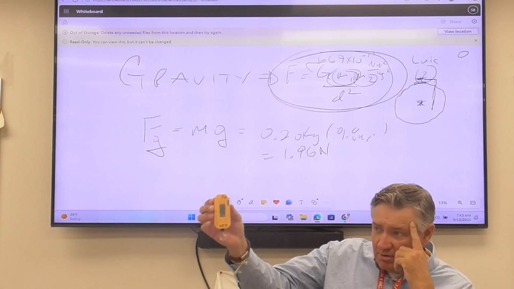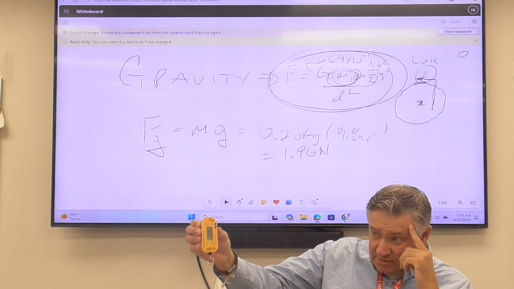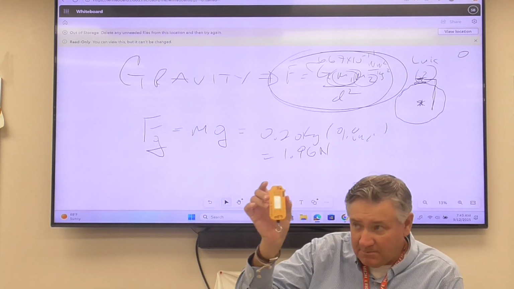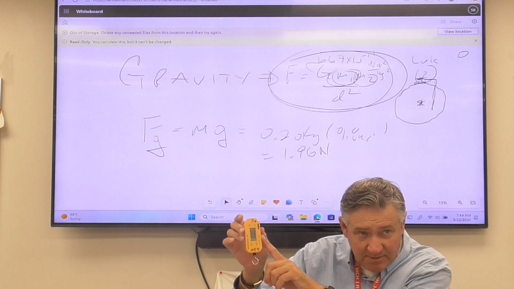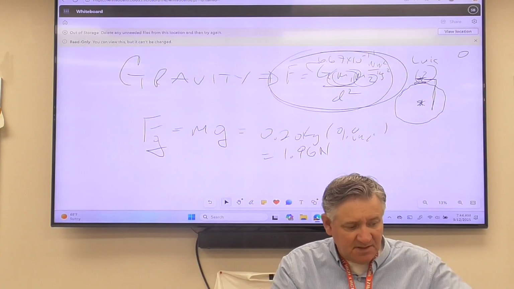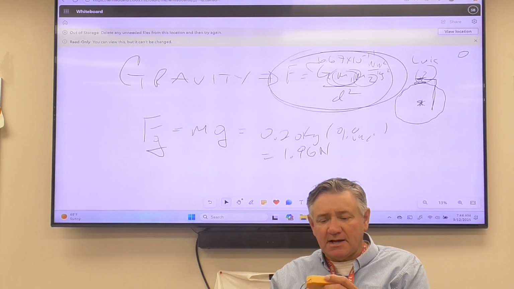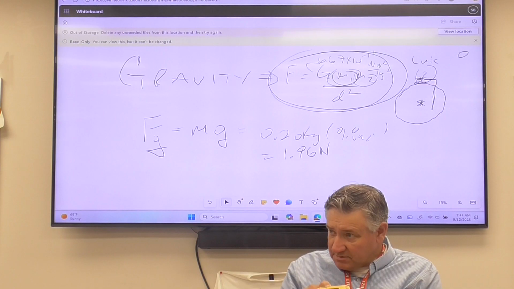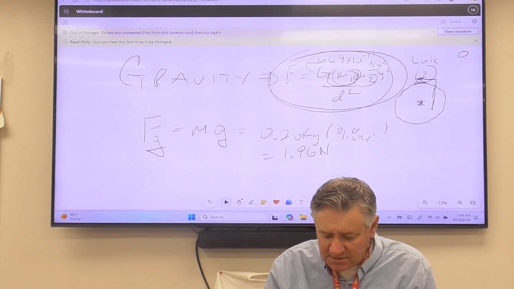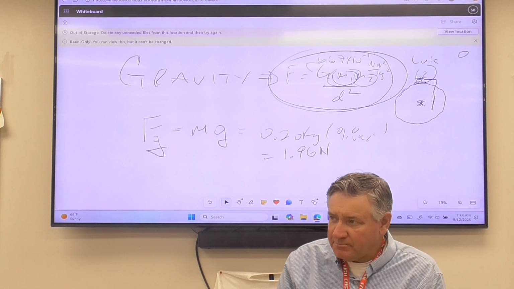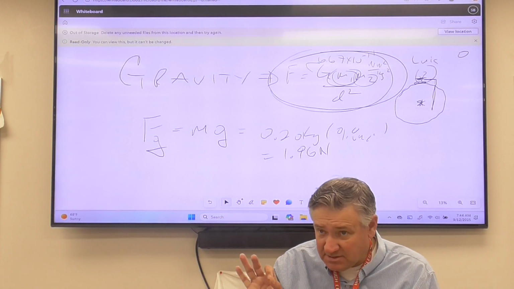What you want to do is hold this in the direction that you're going to use it. Sometimes in the lab today, you're going to be lifting things up. Hold it like this, and it should be reading 0. Other times in the lab today, you're going to be pulling a block, so I'm going to use this thing horizontally. But if you notice, when I lay this thing horizontally, the scale reads negative 0.08 newtons, which isn't 0.